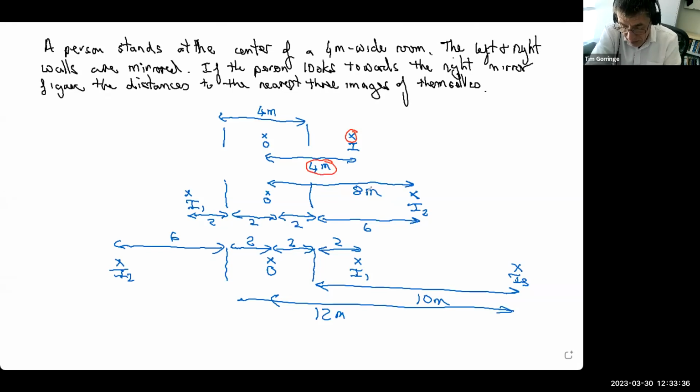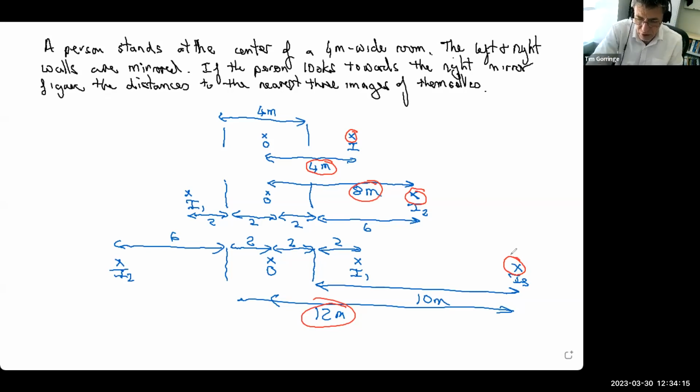The second image that's seen in the right-hand mirror, that's this image here. It was 8 meters away from the object and involved 2 reflections. And the third image continues that pattern. This third image is located over here. It's now 12 meters away, and it involved 3 reflections, a reflection of the right, a reflection of the left, and a second reflection of the right to form this image.